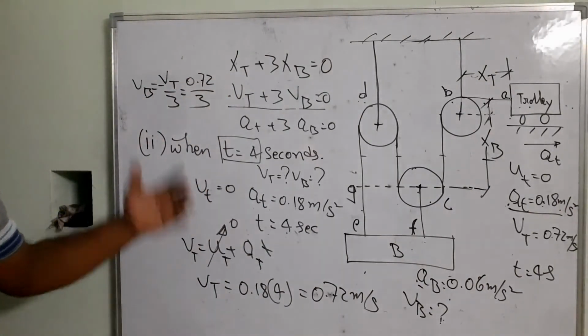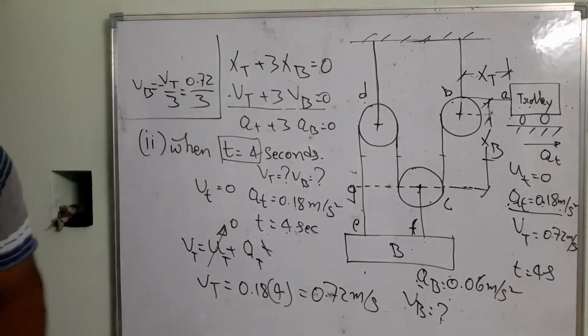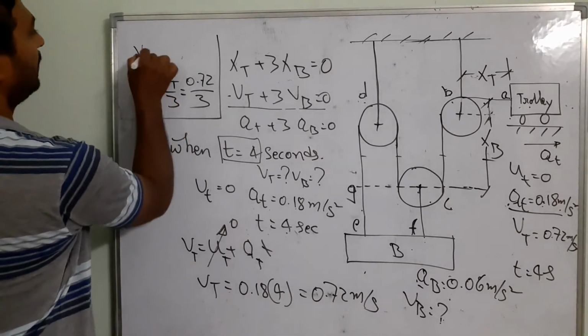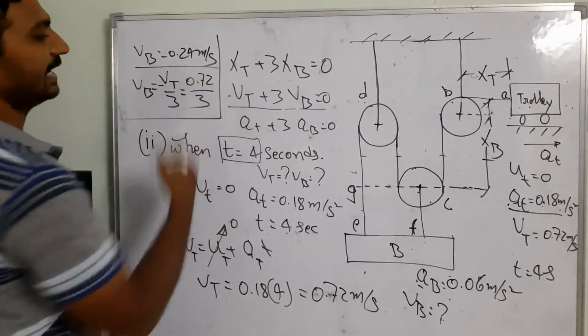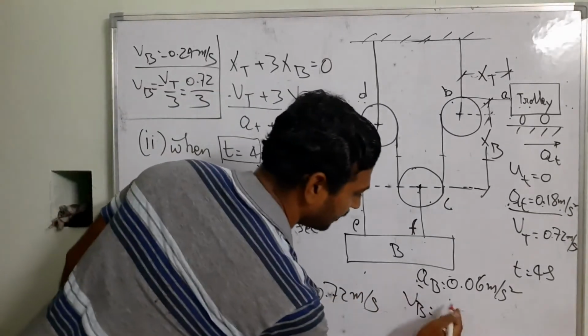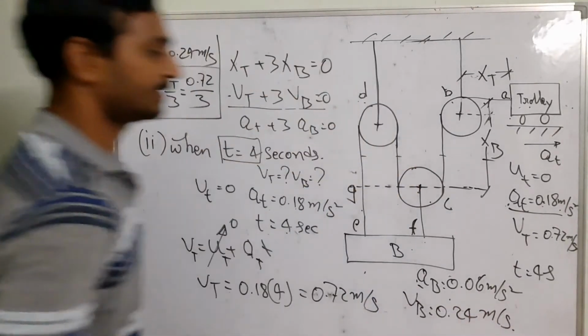So what is the value for this part? v_b is equal to 0.24 meters per second I can get. The same value I am going to be writing, 0.24 meters per second.